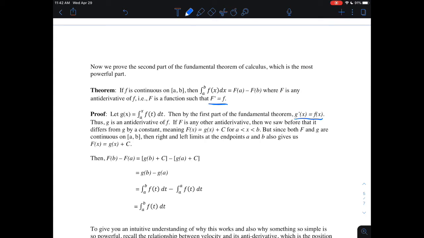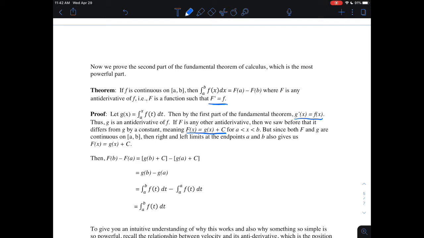Thus, lowercase g is an antiderivative of lowercase f. If capital F is any other antiderivative, then we saw before that it will differ from lowercase g by a constant. This means that capital F of x is just the same thing as g of x plus some constant for x between a and b.